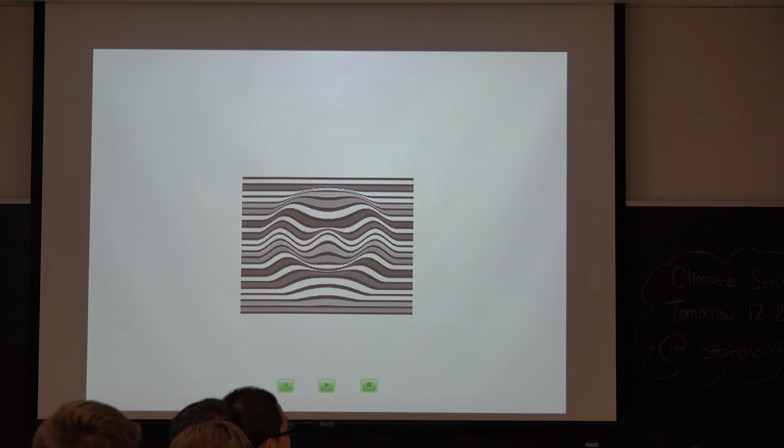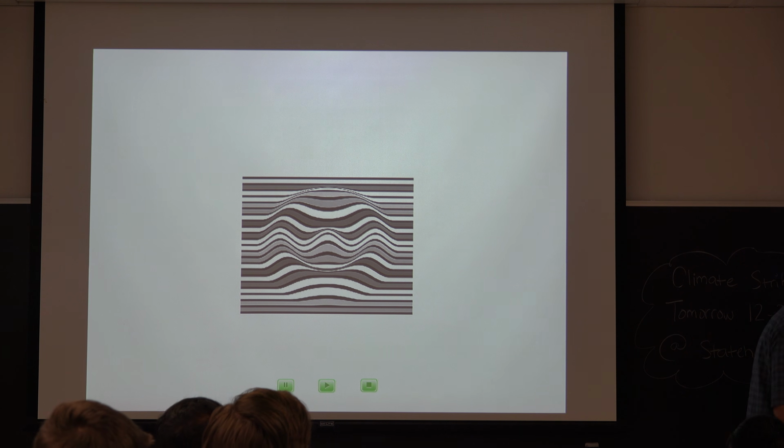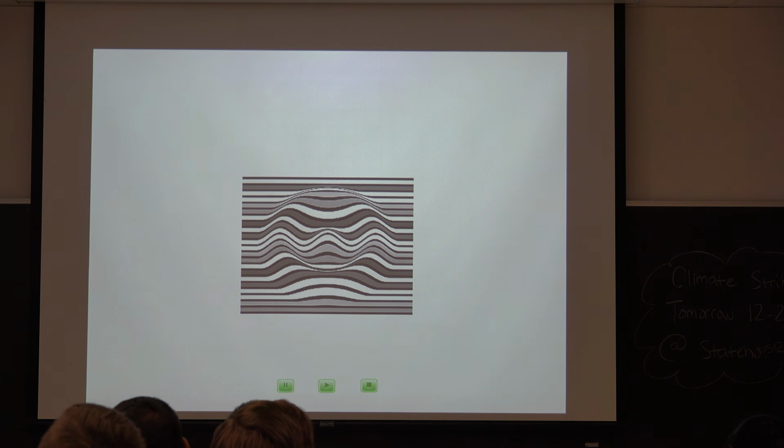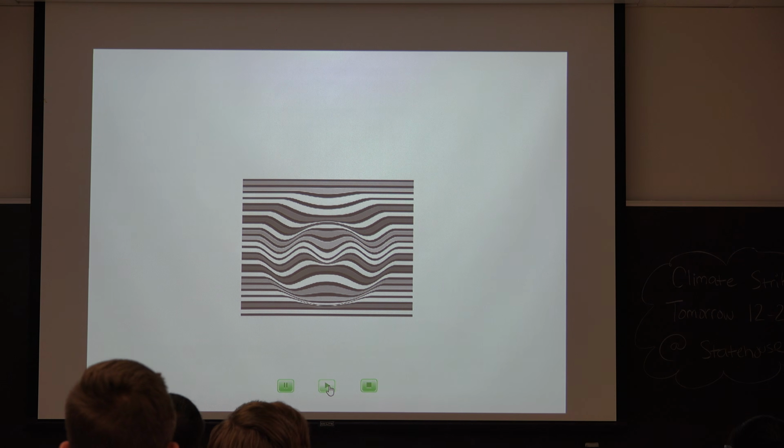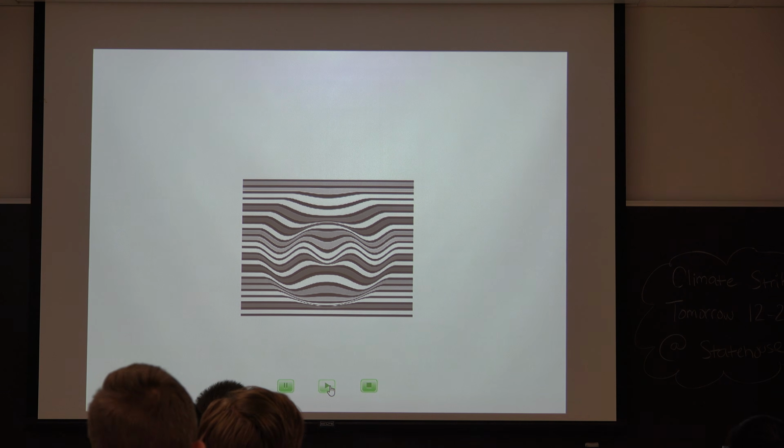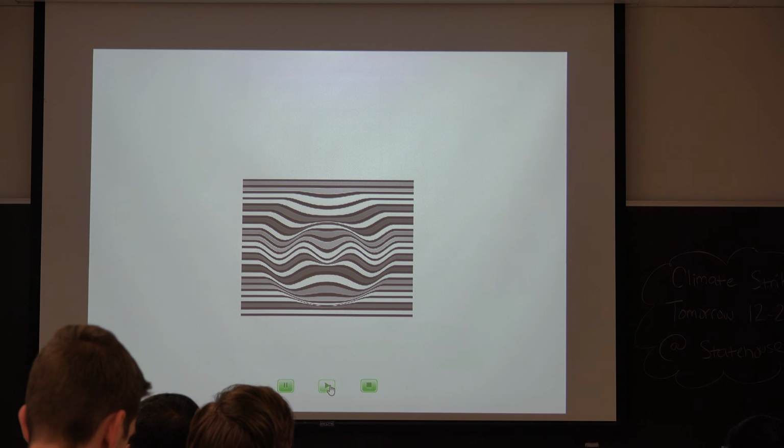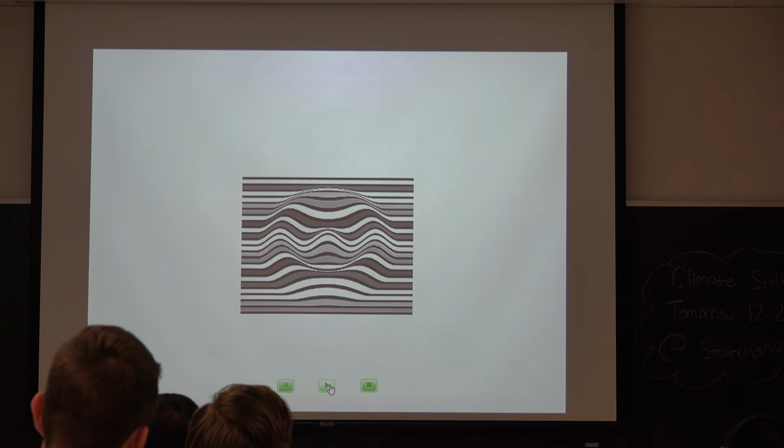What if I told you it was really a dimple? I would not believe. Well, let's see if I can make you believe. Is it a dimple? Yeah. And now it's a bump.